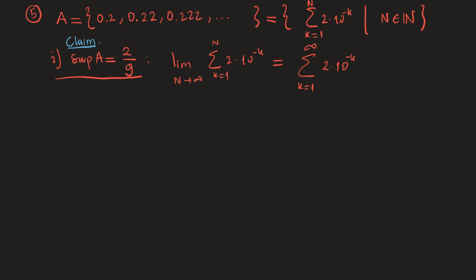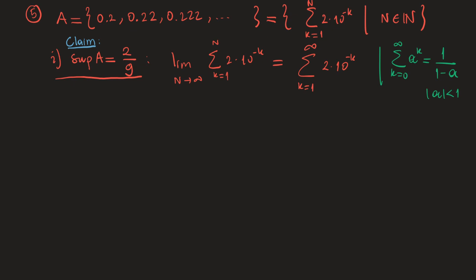We know how to calculate this, but let me just recall it. Starting from k equals 0, if you have a number a to the power k, the summation equals 1 over 1 minus a if and only if a is less than 1. Otherwise, this series does not converge.